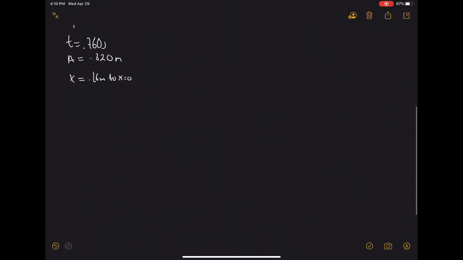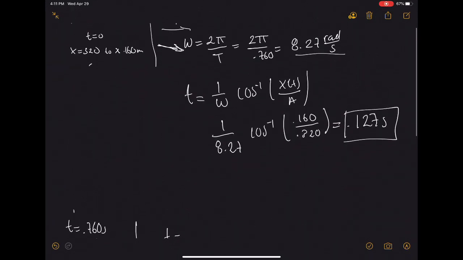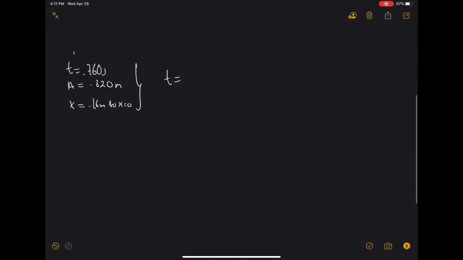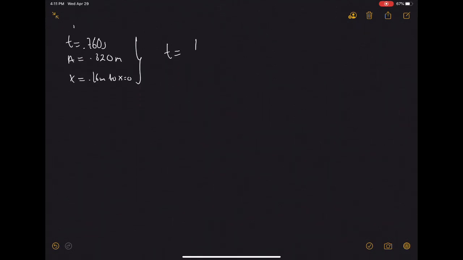For part B, it's asking to calculate the time it takes the object to go from x equals 0.160 meters to x equals 0. So I wrote down all the information right here, and we're going to use the same formula we already have on top. So t equals 1 over omega times inverse cosine of x of t over the amplitude.